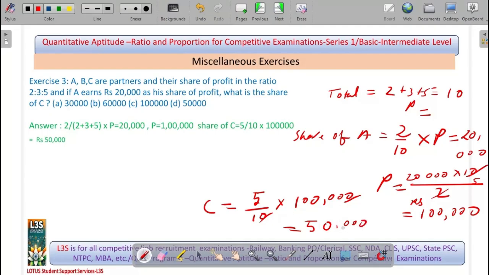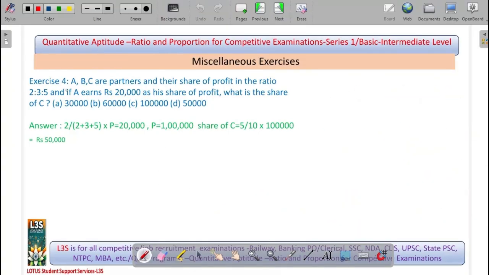Share of C will be 50,000. Similarly, share of B will be 3/10 into 1 lakh, and that will be 30,000. Next question. A, B, C are partners and their share of profit is in the ratio 2:3:5. Okay, we have done this one.